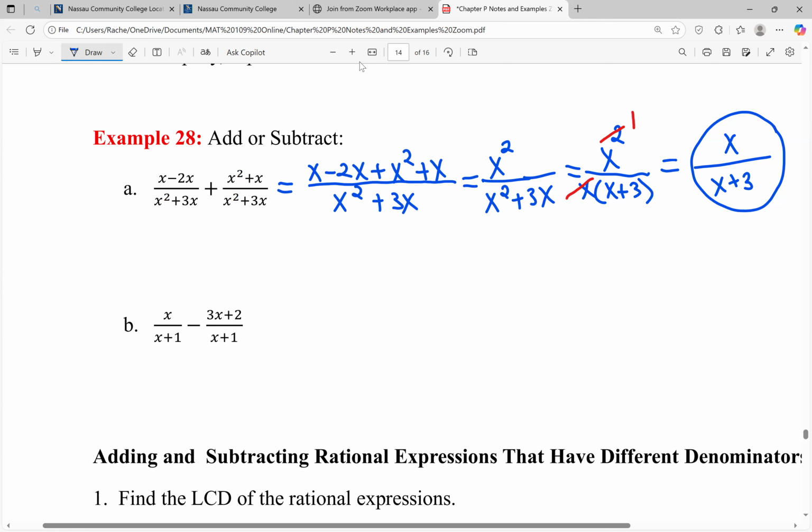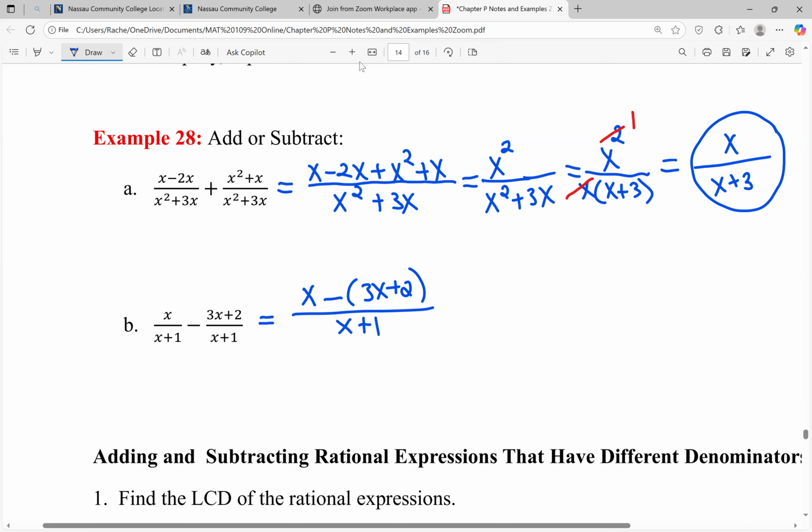Now let's look at part B. So for B, we want to subtract. I have a common denominator, right? It's x plus 1. So I'm going to subtract the numerators. But a quick reminder, whenever we subtract polynomial expressions, we need parentheses. So we're going to have x minus (3x plus 2), and I'm going to divide that by x plus 1.